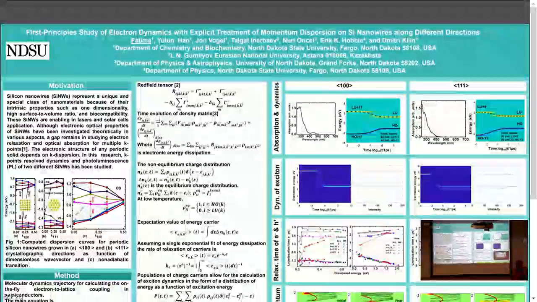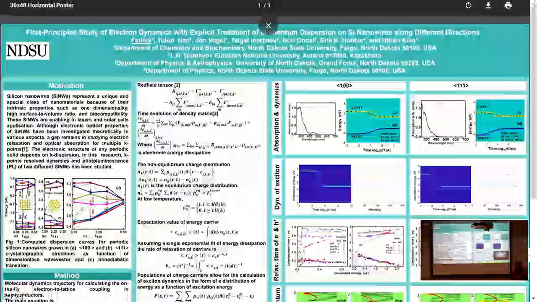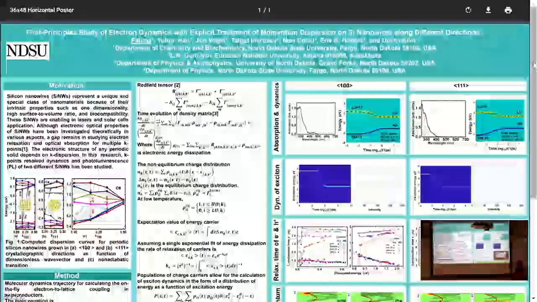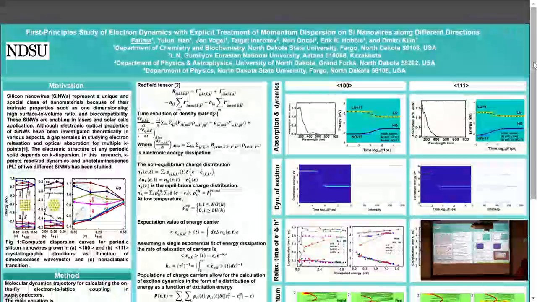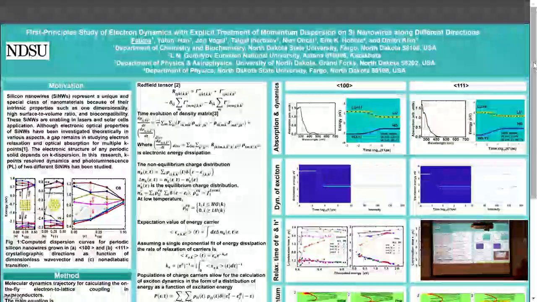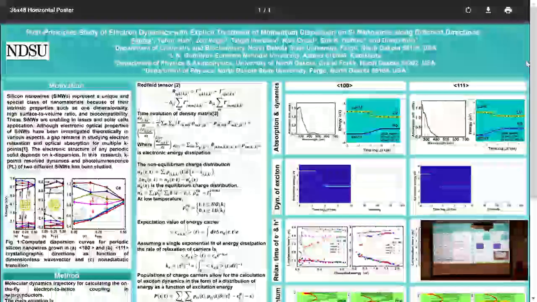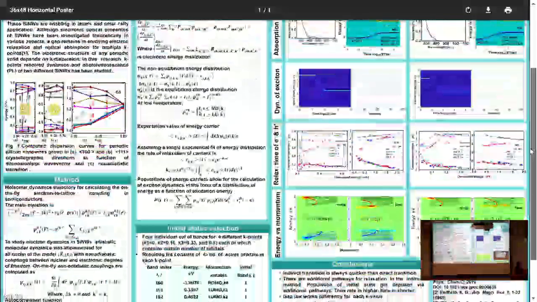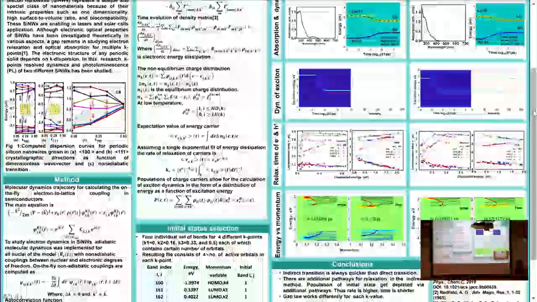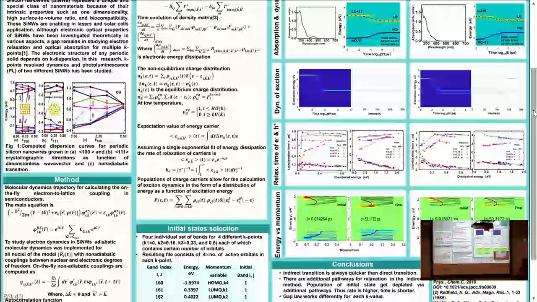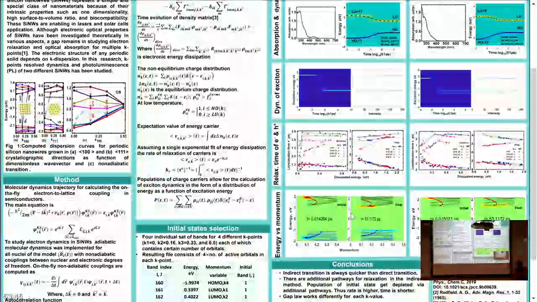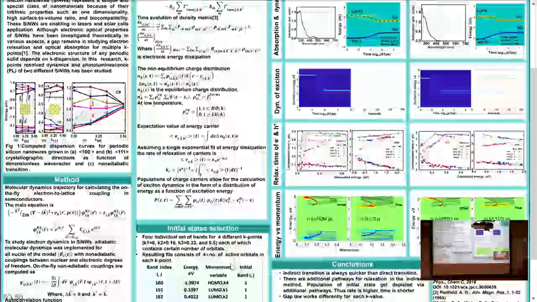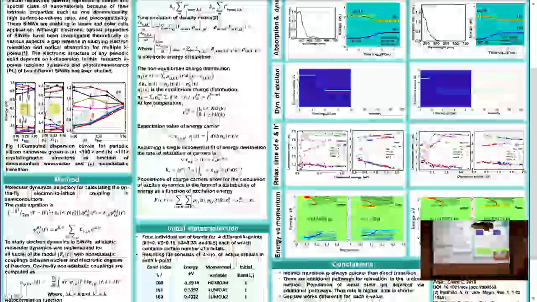Here we calculated non-radiative lifetimes of electrons and holes for two silicon nanowires grown in 001 and 111 directions, with momentum conservation and without momentum conservation. And we tried to calculate photoluminescence, that is, for photoluminescence, momentum is conserved.